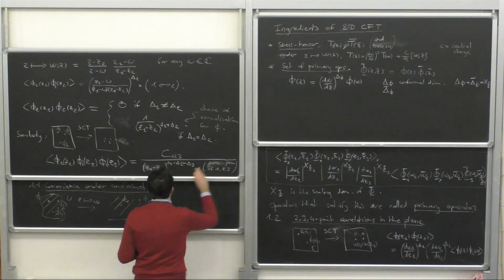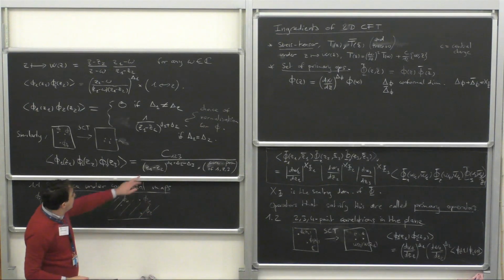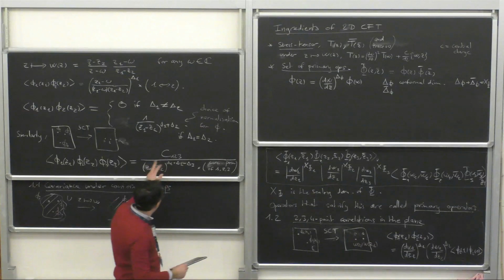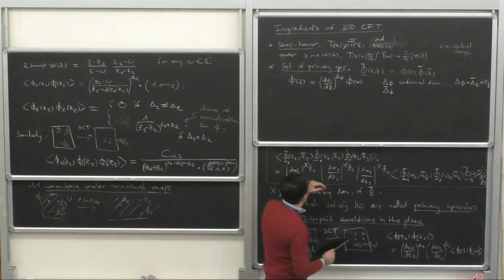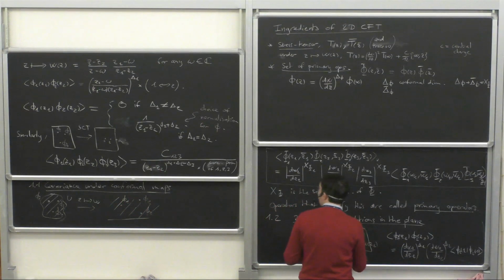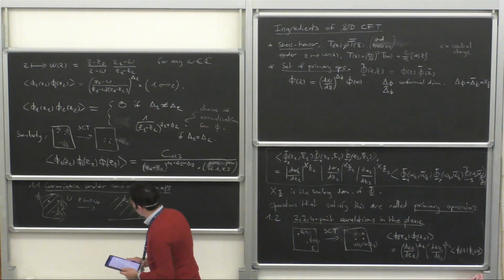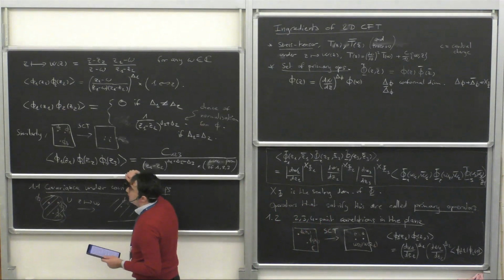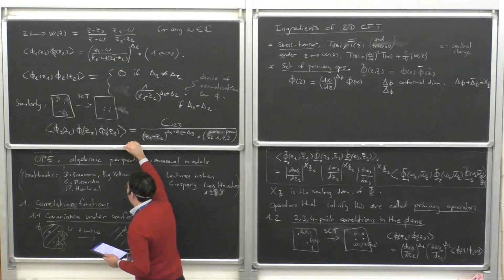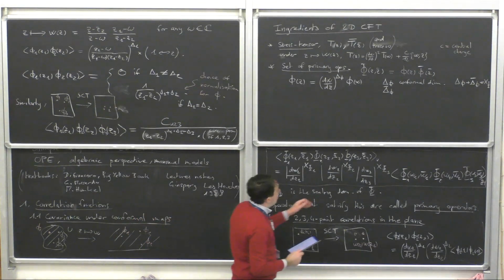So there are three terms in this denominator: one is for 1, 2, one is for 2, 3, one is for 3, 1. So we see at this point that special conformal transformations allow us to fix the form of both 2-point functions and 3-point functions.